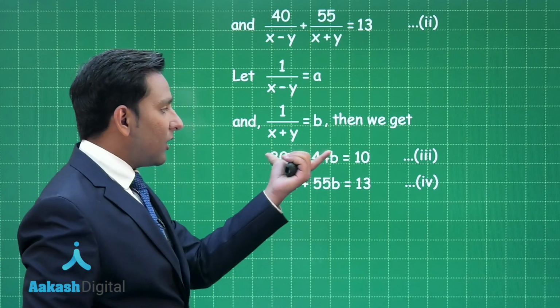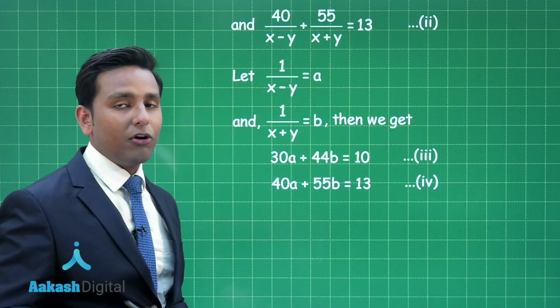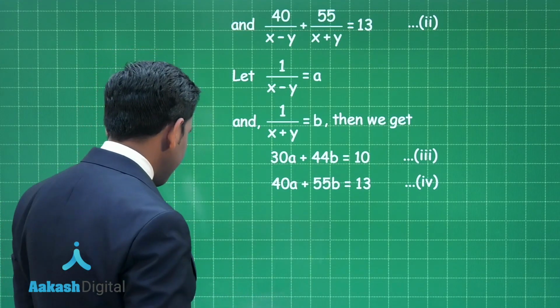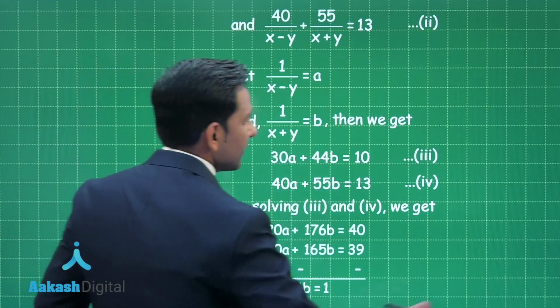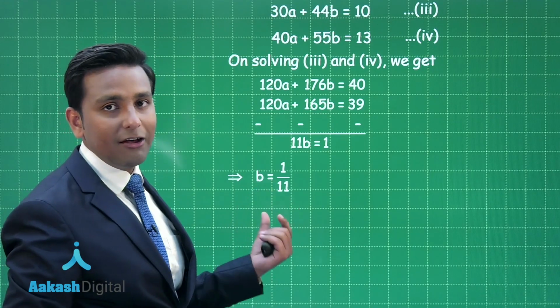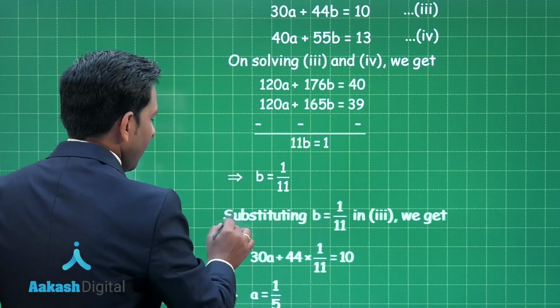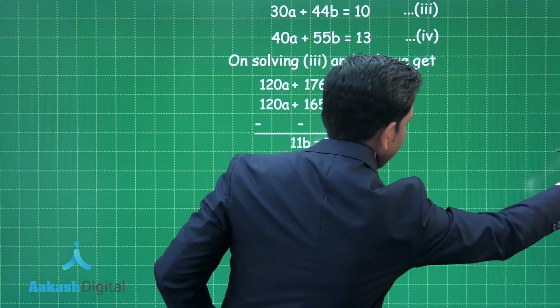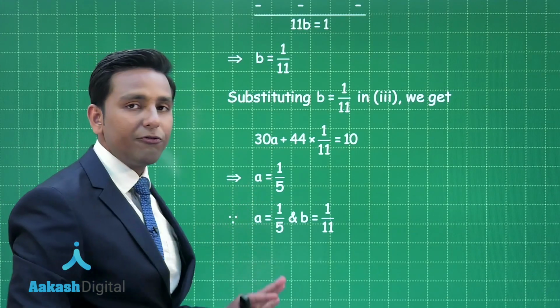Now friends, you can solve these two equations by any methods like substitution method or elimination method or cross multiplication method, and after solving these two equations, you will obtain the value of b, which is equal to 1 upon 11. And when you put the value of b in equation number 3, you will obtain the value of a, which is equal to 1 upon 5.